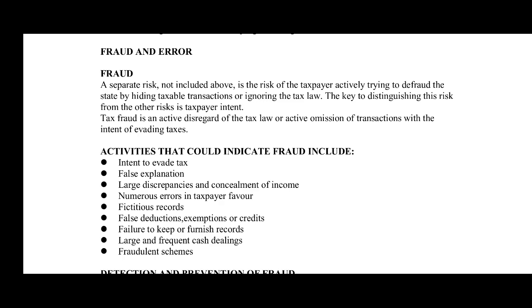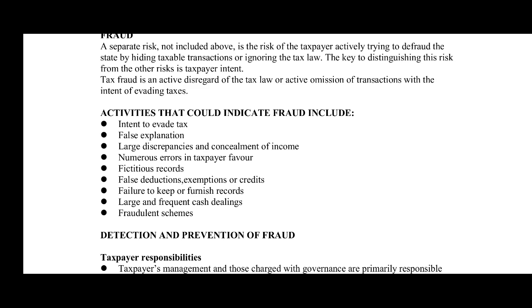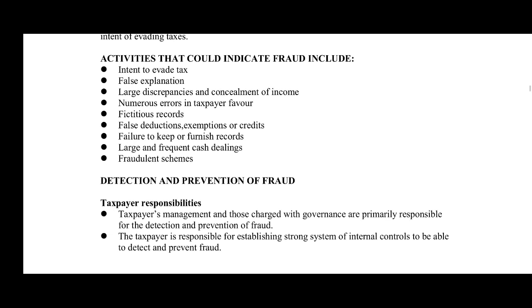So tax fraud is an active disregard of the tax law or active omission of transactions with the intent of evading taxes. What are some of the activities that could indicate tax fraud?